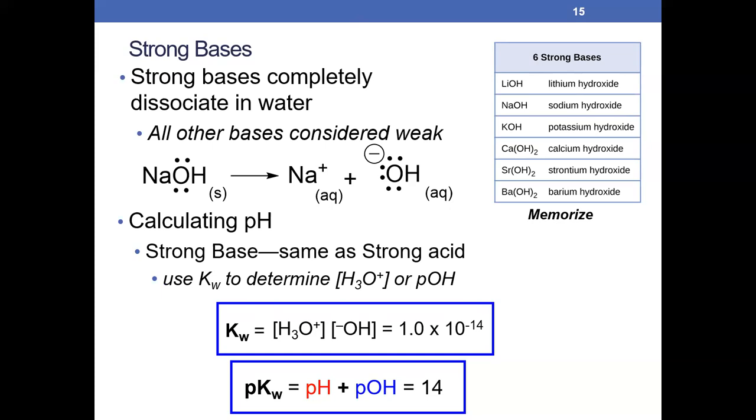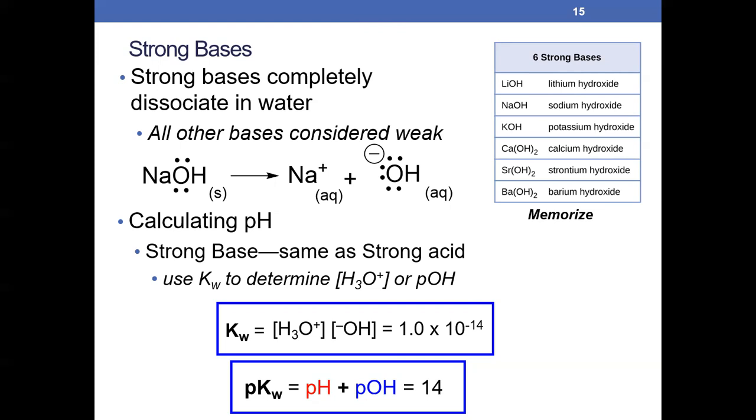In terms of calculating the pH, it's the same sort of relationship, where I'm assuming that all of my initial concentration of my base is converted to hydroxide. In this case, we therefore know the concentration of hydroxide, and we can use one of these expressions, whichever you feel most comfortable with.